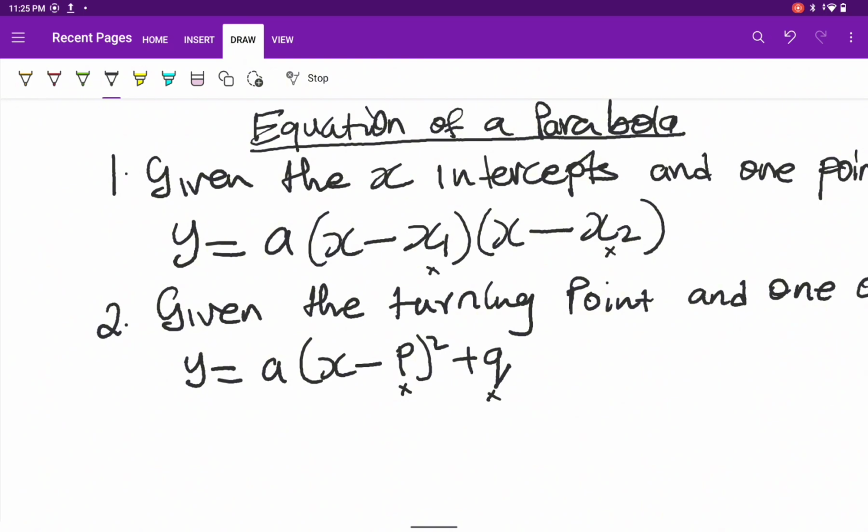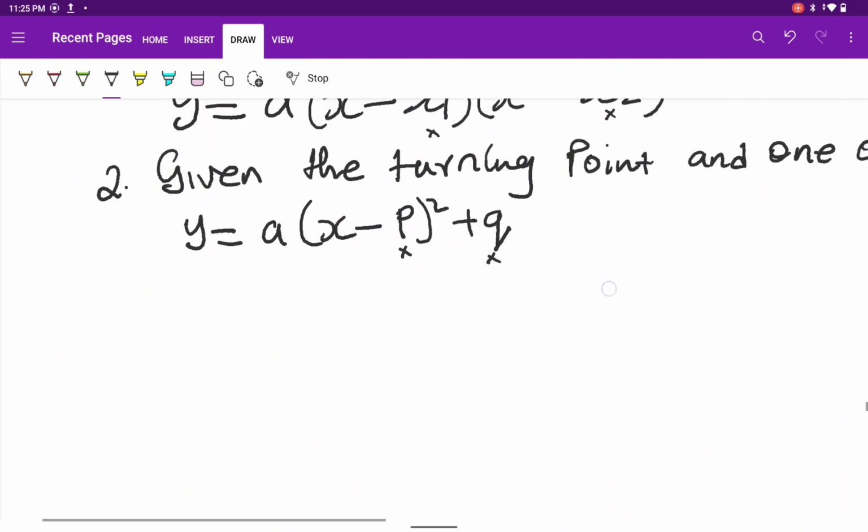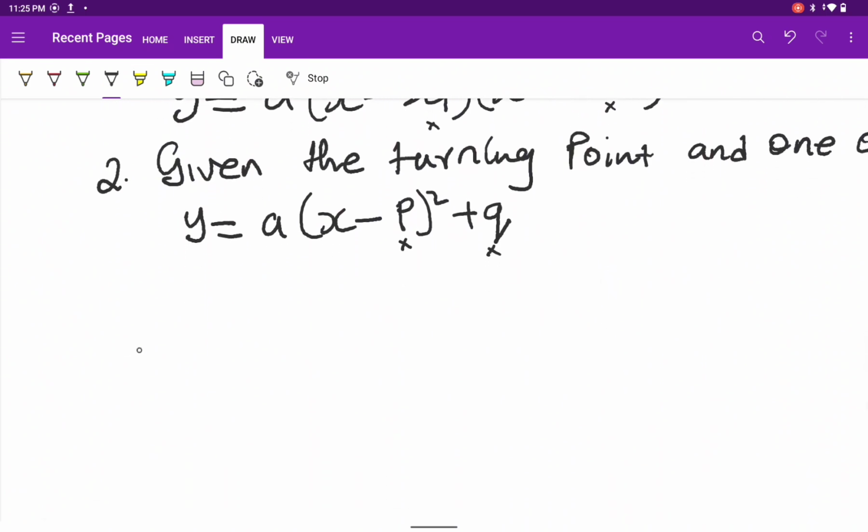Right, so we are going to look at an example. Let's say we have a function. Let me just draw a function here, a parabola.